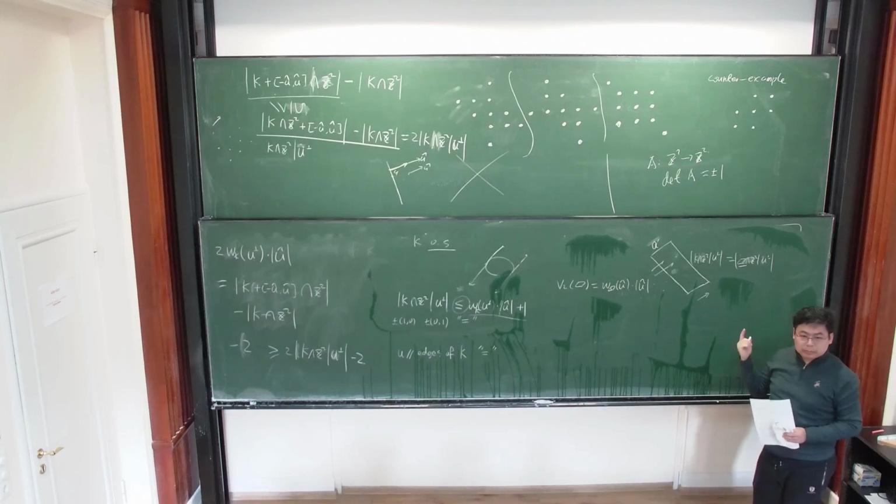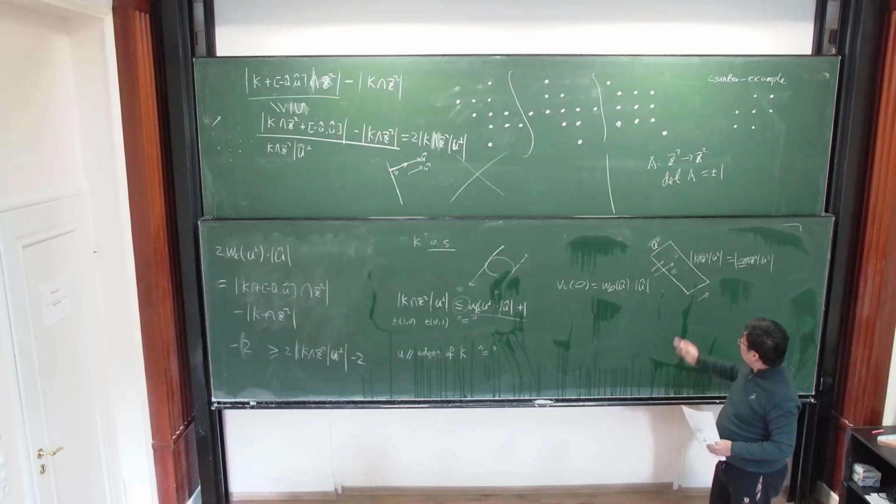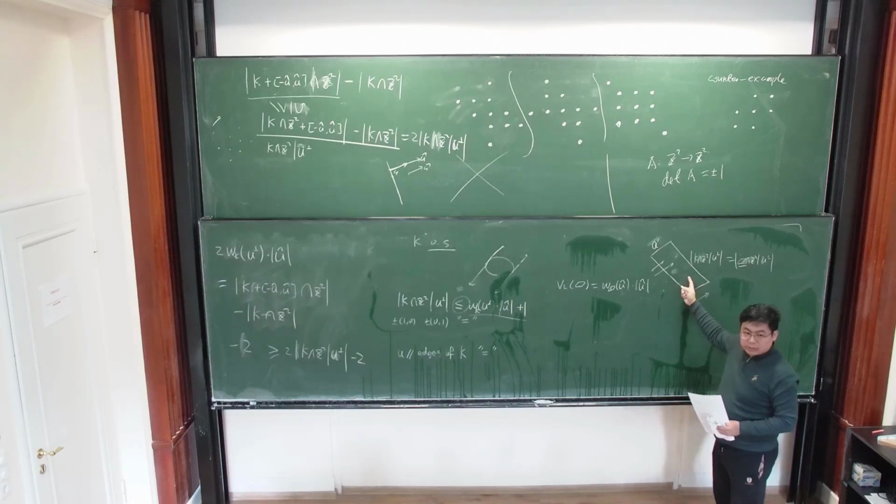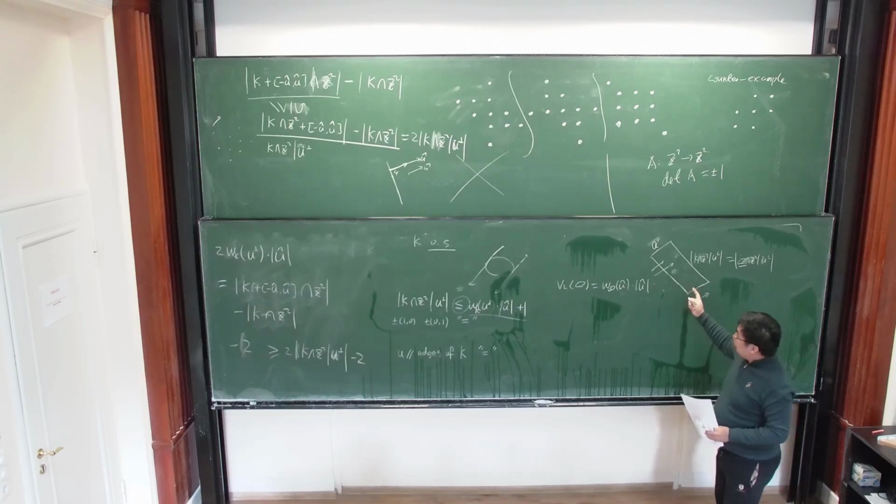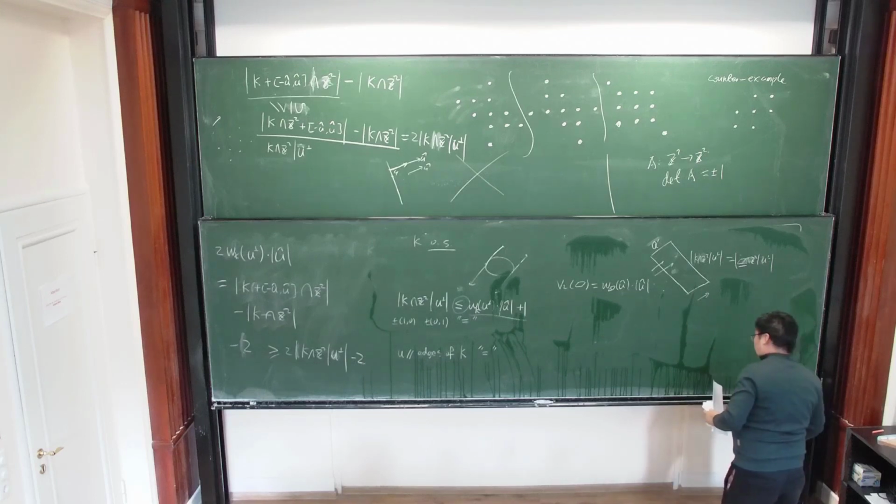This is the volume because it's a parallelogram. And now, how about the numbers? You can use Pick's theorem for what? For this case.